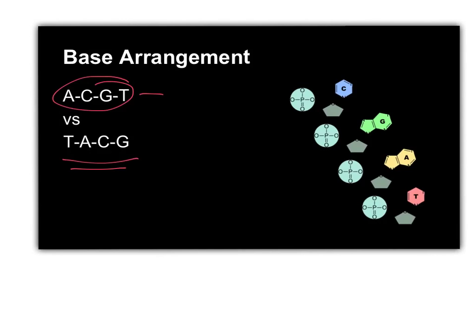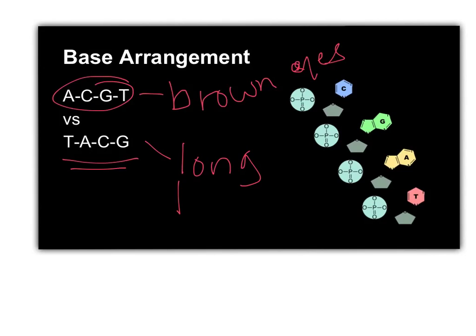Maybe this would code for brown eyes in your body, which is a lot more complicated than that, but we're just going to put it that way. TACG might code for long toes. They're going to code for something completely different. So that's what makes everyone unique, their different base arrangement on their DNA.